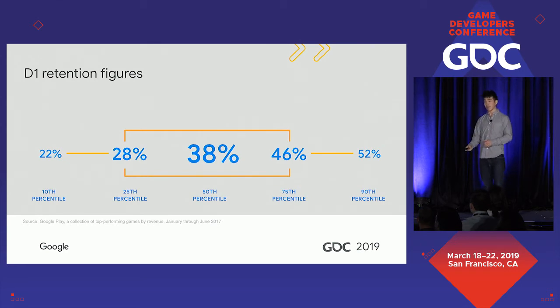If they don't hit that bar during the beta period, the game never sees the light of day, and they never end up spending on the user acquisition for it. You don't want to invest in a leaky bucket, right? So if you look at this kind of box and whiskers plot, I think it's called, you can tell that if you're looking for a game that has 50% day one retention, what you're really looking for is a game in the top 10% of top games.